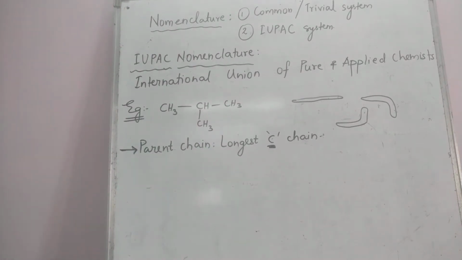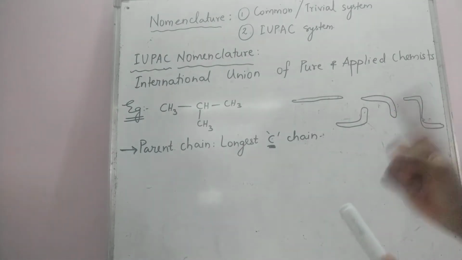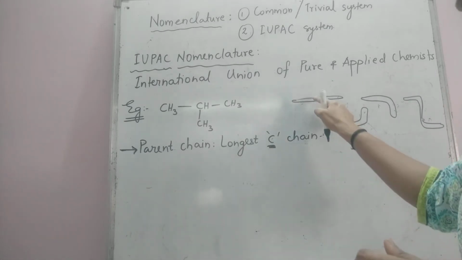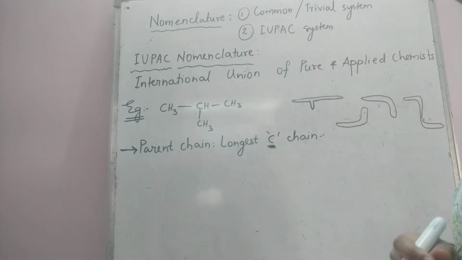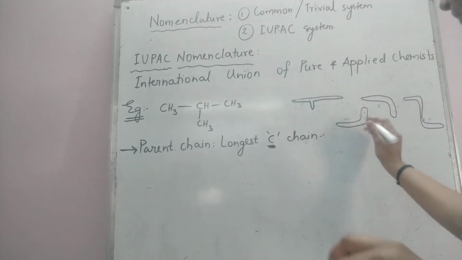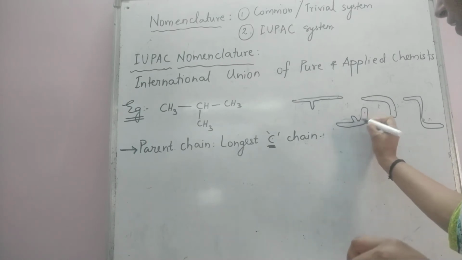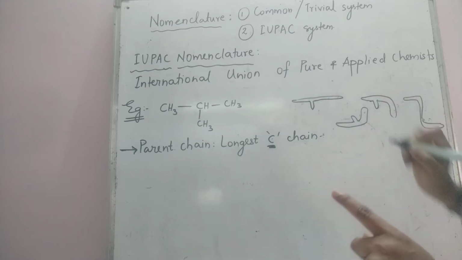A snake can also be like this. But while selecting the parent chain, remember that a snake can never have this shape. A snake does not have arms, right? No. A snake cannot be like this.